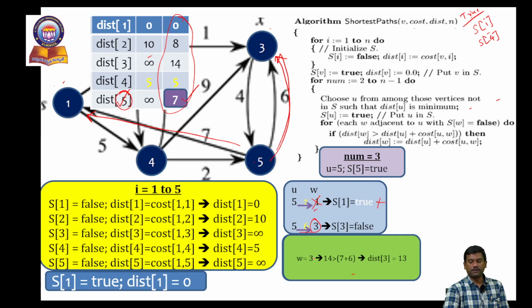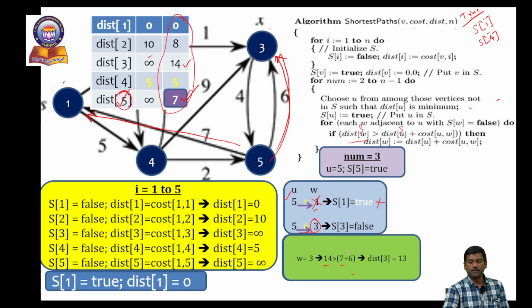So when the value of w is equal to 3, find the same thing. That is the distance of w, where the w value is equal to 3. Distance of 3. What is the distance of 3 according to this case? That is 14. So distance of 3 is equal to 14, is it greater than distance of u? What is the value of u? That is 5. That is distance of 5. What is the distance of 5 according to this matrix? That is 7.